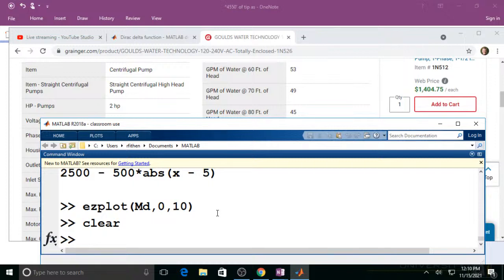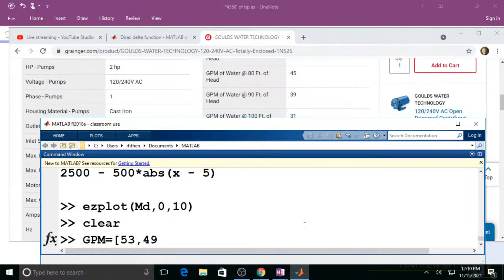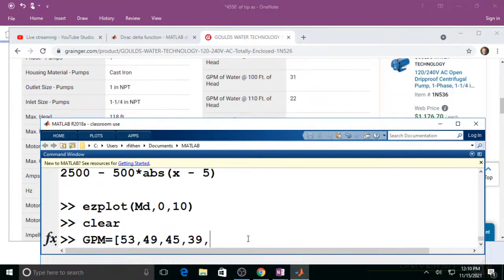We're going to put a list of gallons per minute and then the associated feet of water. So gallons per minute: 53, 49, 45, 39, 31, 22.